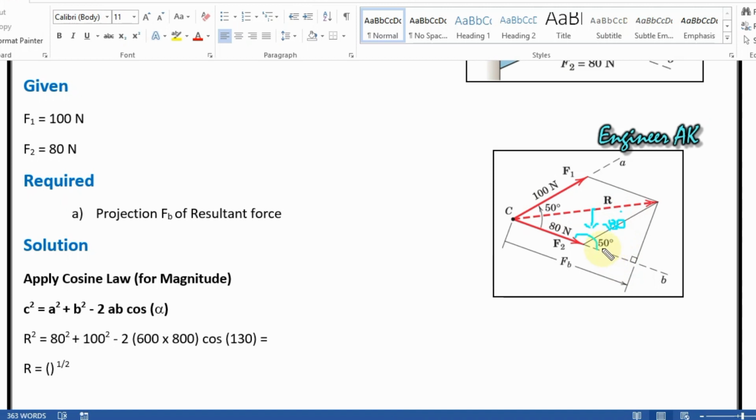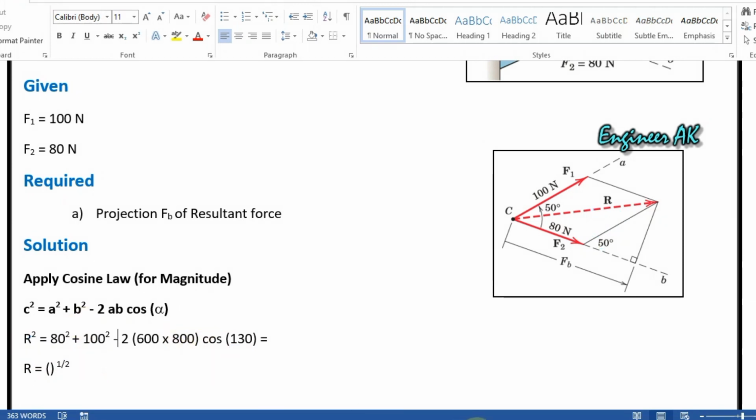If I subtract this 50 from this 180, I will get the angle in front of R, which comes out to be 130. 180 minus 50 is 130, and the rest are the same things I have written here. Then if I take the square root here and similarly here, the square will cancel out, and we are left with the power of 1 over 2.